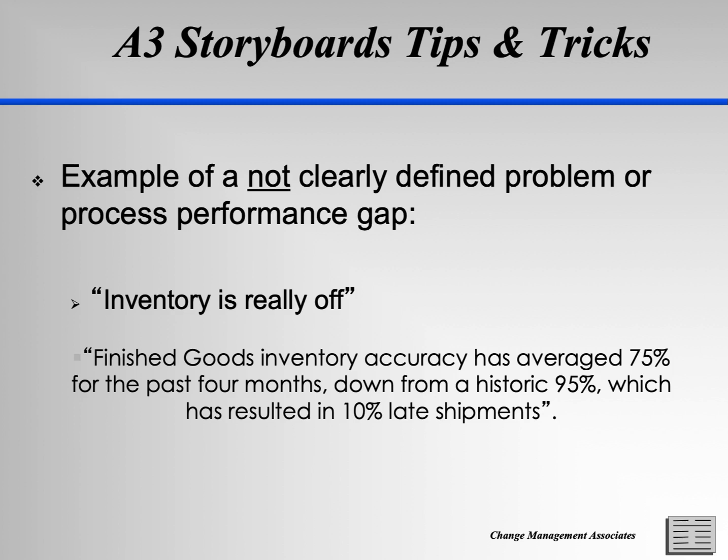The is condition is 75% accuracy. The should be condition is 95. So it is perfectly clear that the gap is 20 percentage points. And the impact is 10% late shipments. Most people would be quite excited about working on a problem that is creating that number of late shipments.